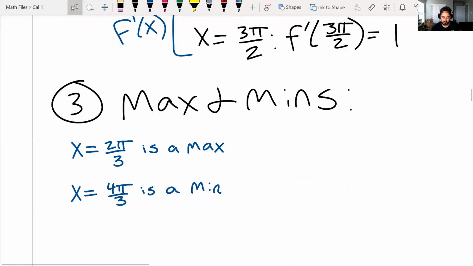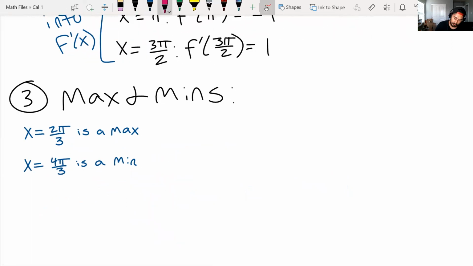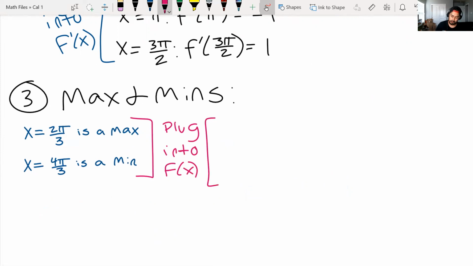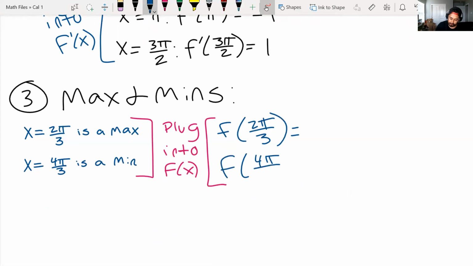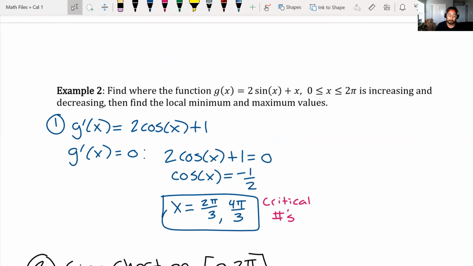Okay. Well, if we want to find the exact location, take these values and plug into f of x. Which means that we'll have f of 2 pi over 3 and f of 4 pi over 3. I'm going to come back and look at my original function. Well, here was g of x, but you get it.